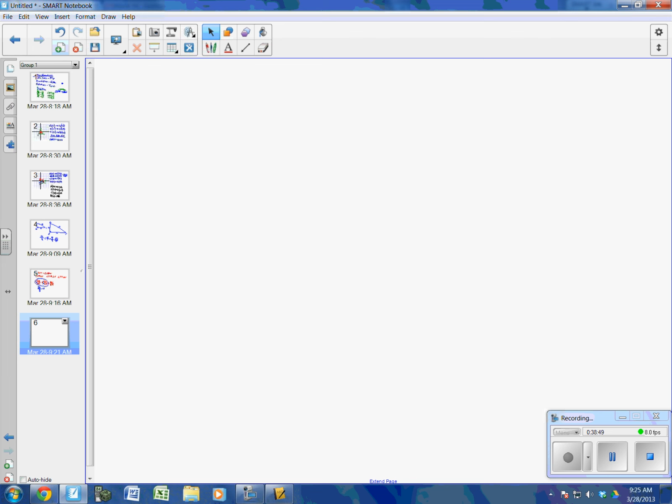Then we are going to construct an angle congruent to this one. So everybody take your compass. This is how you can construct congruent angles.